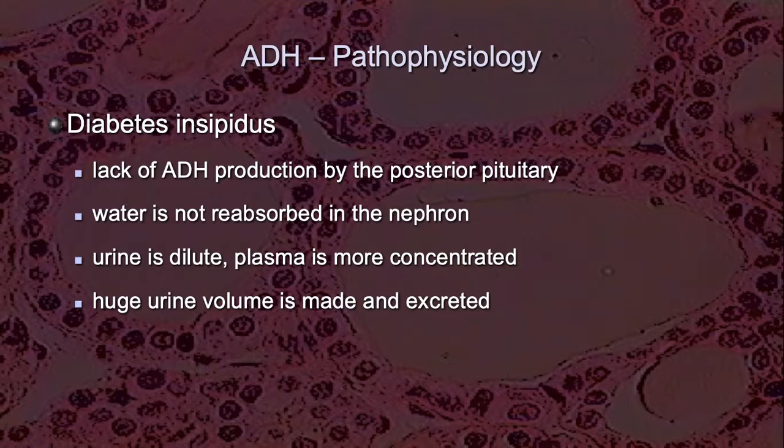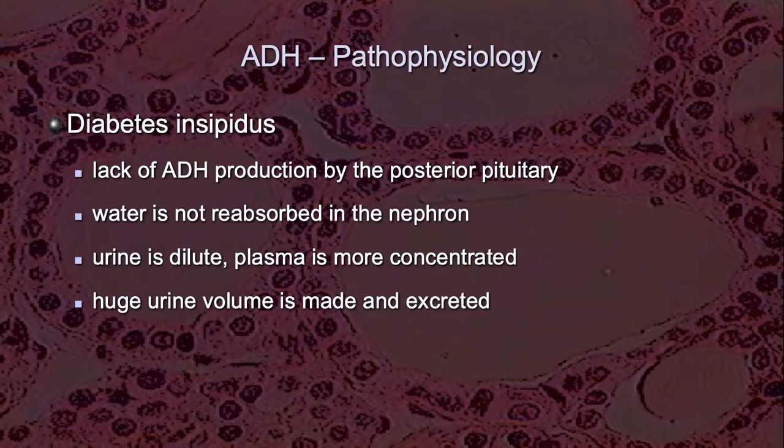All right, so this one, diabetes insipidus can either be genetic or it can be a symptom of another disease. So if you have problems with your pituitary gland, if you have a tumor, you may have diabetes insipidus. But it can also be passed down from generation to generation. It is in my daughter's family. So my daughter is adopted.